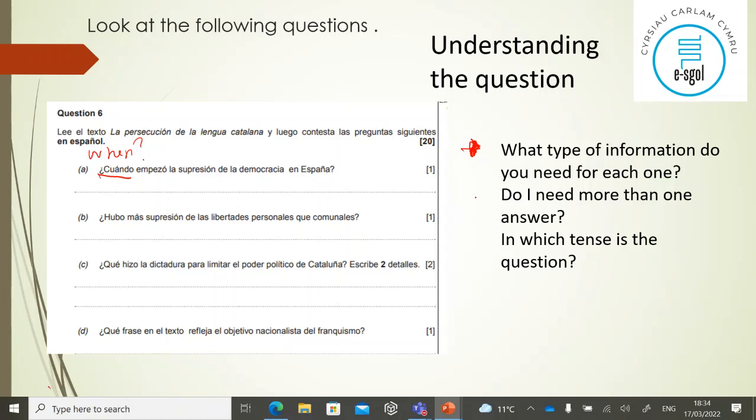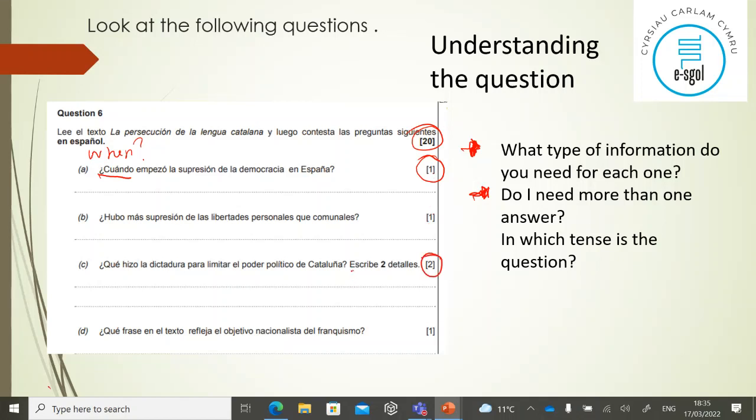Look again, you've got 20 marks for the whole paper, so this is only a partial part of question 6, but if you download the paper from the WJEC website, you can get access to the full paper. Next to it, you've got a total number of marks, 20, and for each sentence you get 1 mark, 2 marks.